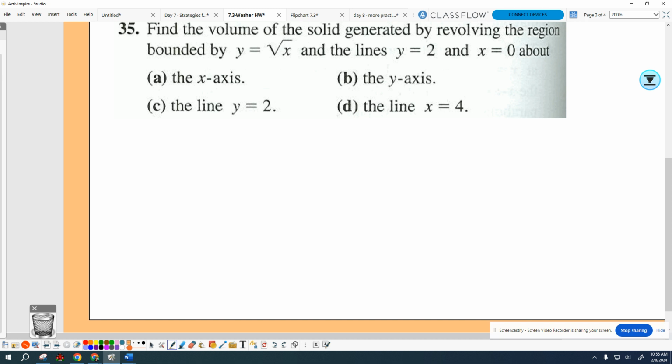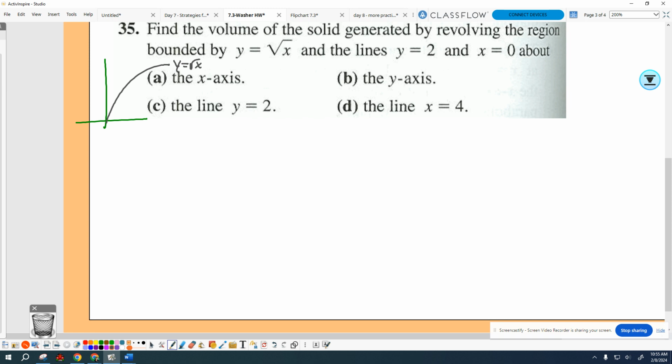So, can you draw these 3 curves for this problem? I was just talking in general. So, the 3 curves together, what is it gonna look like? How do we graph square root of x? Okay, so it's gonna go like this. How do I graph y equals 2?